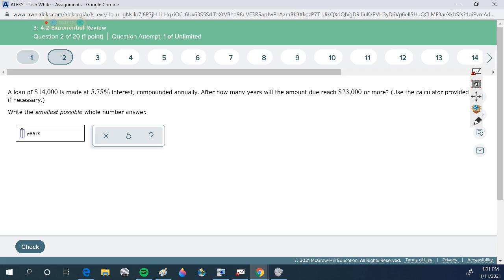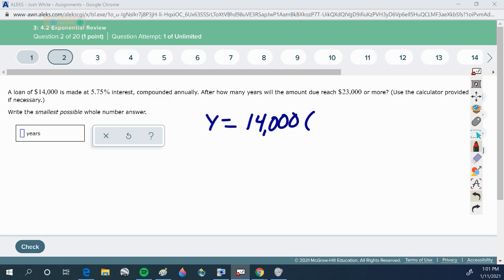So we write out the equation. Y equals 14,000 times 100 plus 5.75 is 105.75. And then we move the decimal 2 places, and I get 1.0575 to the x.